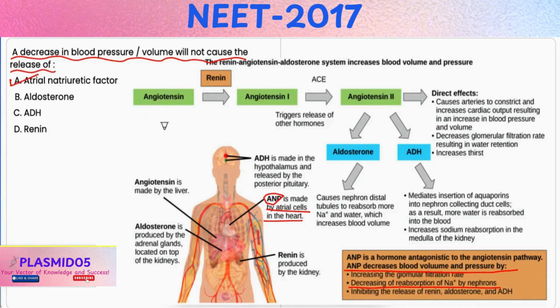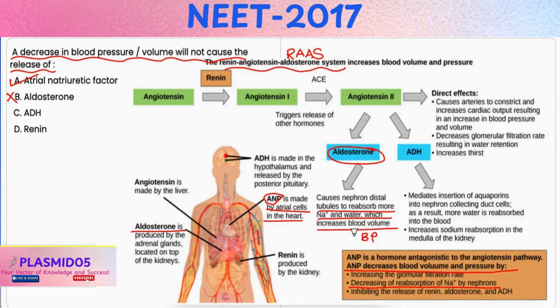Option B, aldosterone. It is incorrect because aldosterone is released in response to low blood pressure or volume through the RAS mechanism, that is renin angiotensin aldosterone system, because it increases sodium and water reabsorption in the kidneys, thus increasing the blood pressure.